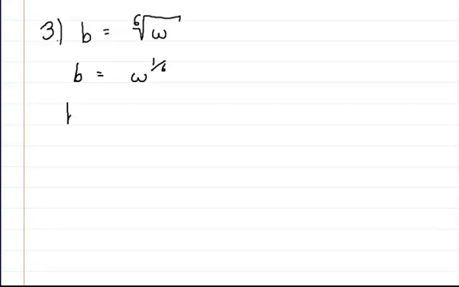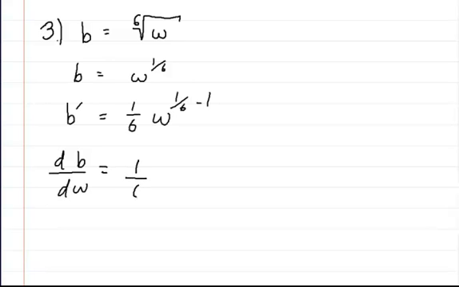So the derivative of b is equal to, and then here again we're going to bring down the 1/6, and then you have 1/6 up top, and you subtract 1 from that. And by the way, you can rewrite this as db over d omega, or the derivative of b with respect to omega, is equal to 1/6 omega to the negative 5/6. And that's how you would do this problem.